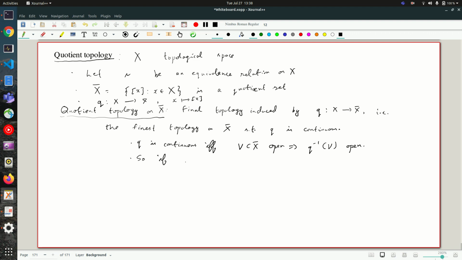So if omega is the final topology, it must be that any set V belonging to omega implies that Q inverse of V is open. This doesn't even use the fact that it's the final topology, just that it's a topology such that Q is continuous. That is, omega is contained in, let me call it omega naught, which by definition is the set of elements V in X bar such that Q inverse of V is open.